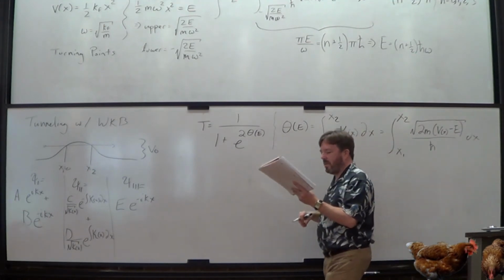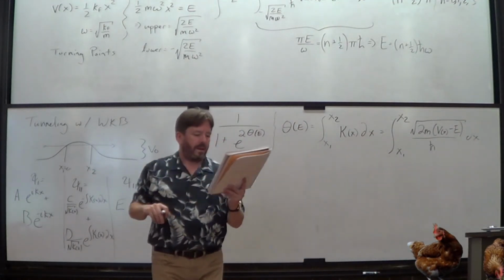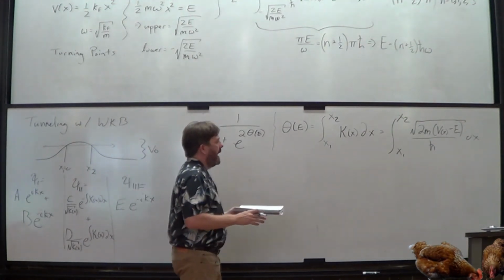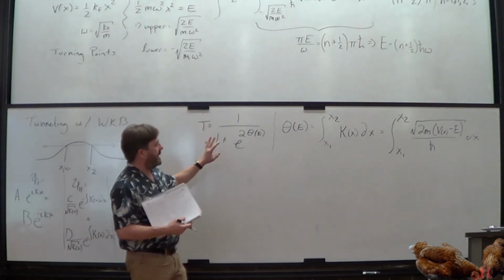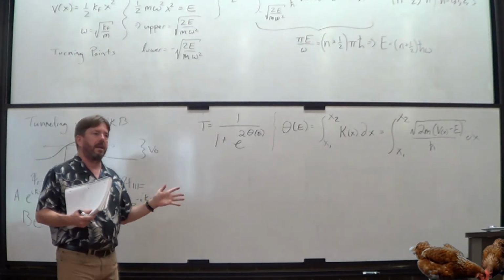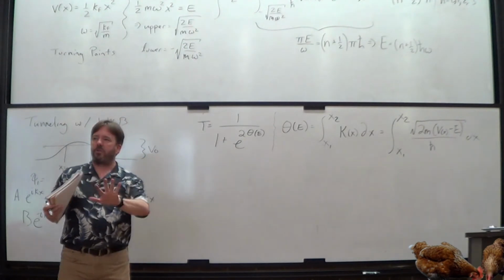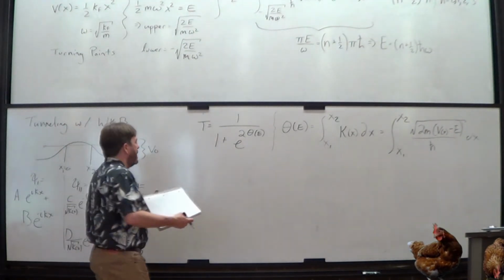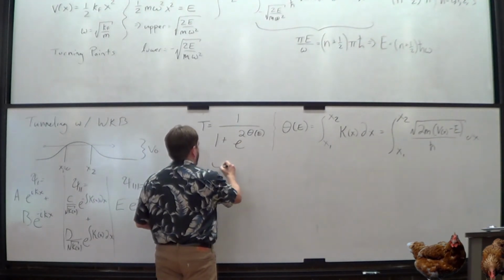Anyway, I hope you remember all that. It was just a little while ago. So anyway, it turns out that this is an extraordinarily well-known expression for tunneling. And if you get into the right type of experiment, you will see this. And so I just wanted to point out that this is where it comes from.